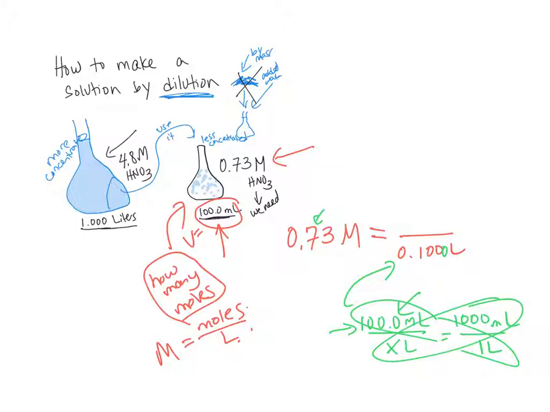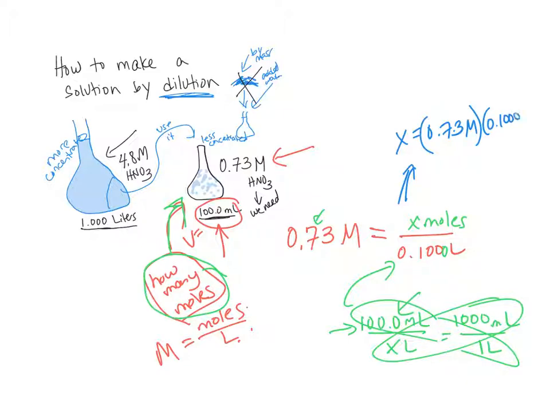So we need to know how many moles we need to have in this flask in order to finish making it. So X moles goes here. When we solve for X, it is going to be equal to 0.73 molar times 0.1000 liters.